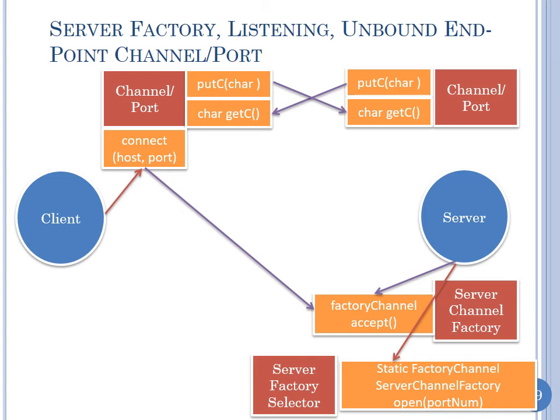And whenever a message comes in, this channel creates the actual channel that the client will use for private communication. This is the channel that will be the destination of the put C and get C calls, the one that's connected to the put C and get C calls in the client.